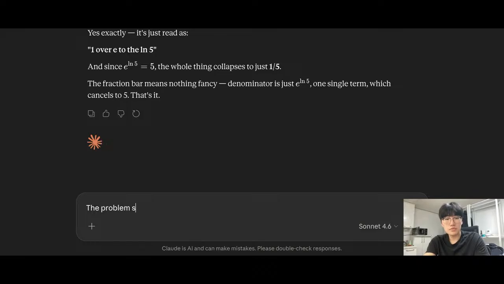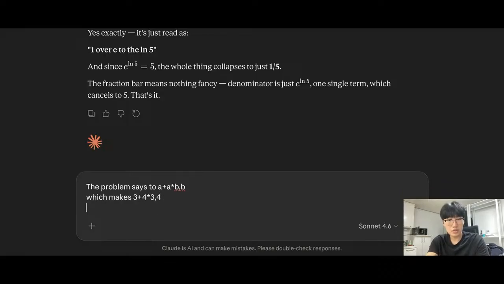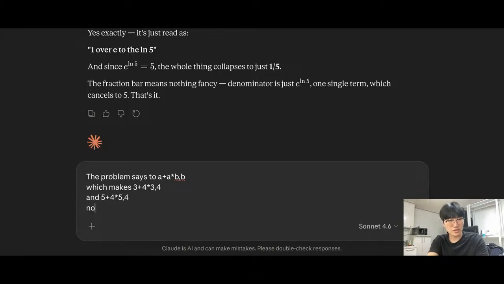The problem says A plus A times B and B, which makes 3 plus 4 times 3 and B, and 5 plus 4 times 5 and B, no?